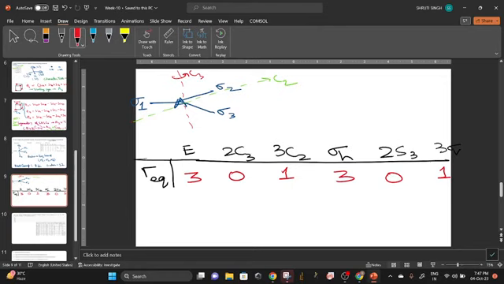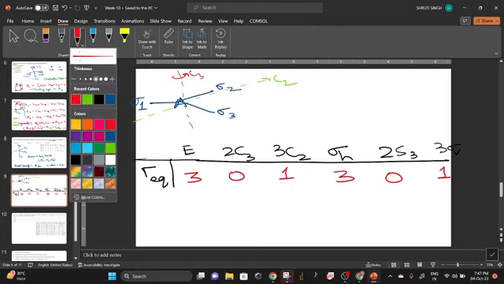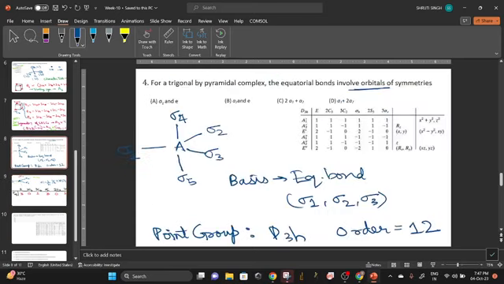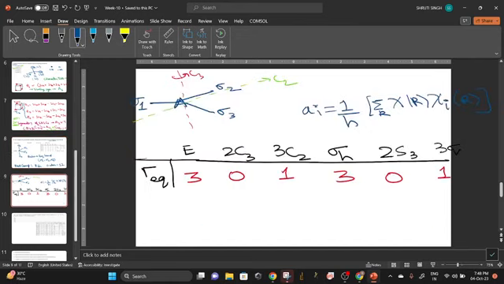So how do we do that? Using that formula, a_i equals 1 by h, summation over R of chi_R times chi_IR. First, the irreducible representation A1 dash.